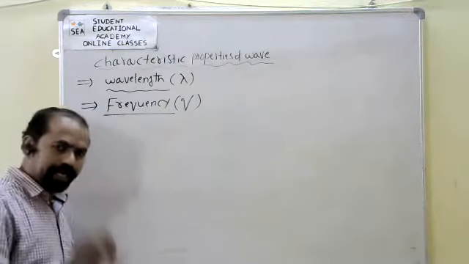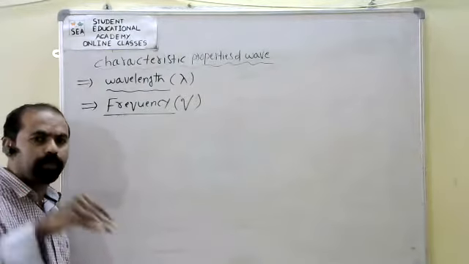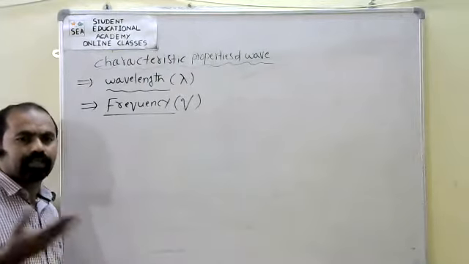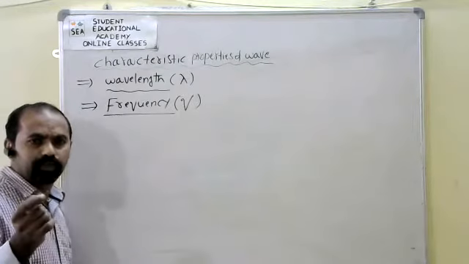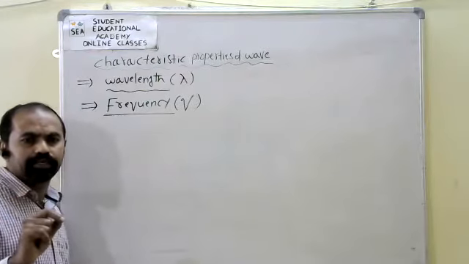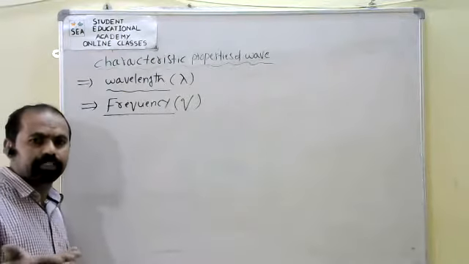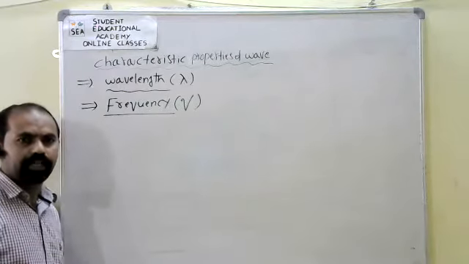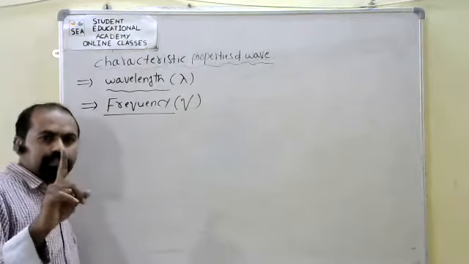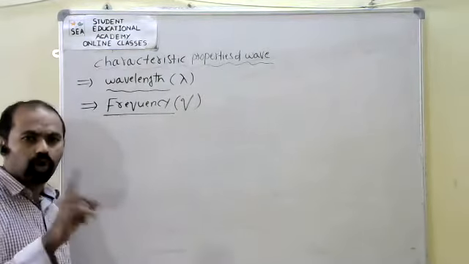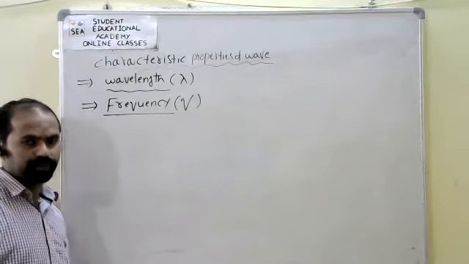Per 1 second, at a particular point, how many waves can pass through it? That is called frequency. What are the frequency SI units? Second inverse, otherwise cycles per second, CPS, otherwise hertz. Where 1 CPS equals 1 hertz, that is equal to 1 second inverse.